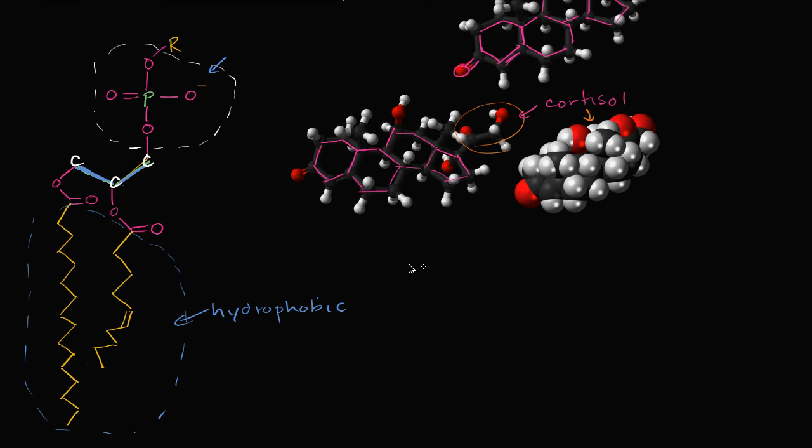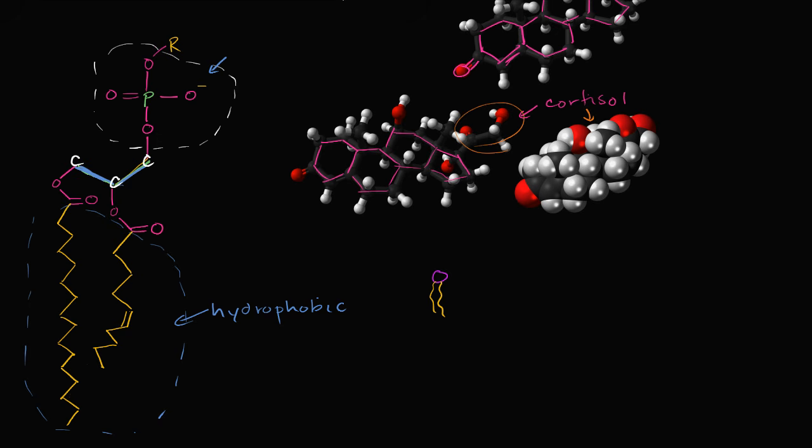Because you can imagine, that end is hydrophilic, and then you have these hydrophobic tails. Let me see if I can copy and paste this really fast. I can just draw it really fast. So let me just draw a bunch of them.